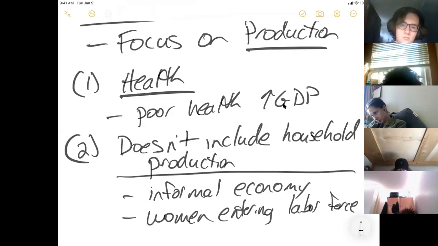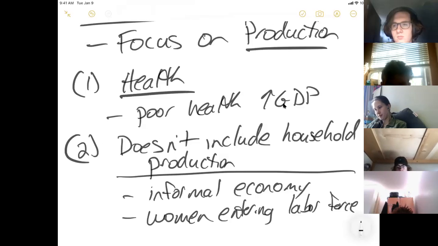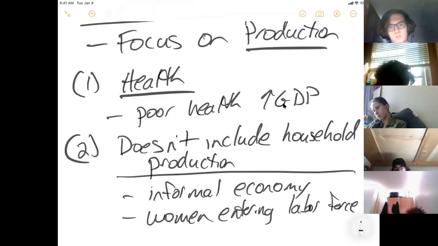And actually, it increases GDP by more than that, because now when the women have a child, what do they do? They send them to daycare, which contributes to GDP. And maybe they hire a house cleaner, which contributes to GDP. So women entering the labor force has actually increased GDP quite significantly, because more of the work that women do is now counted in GDP.